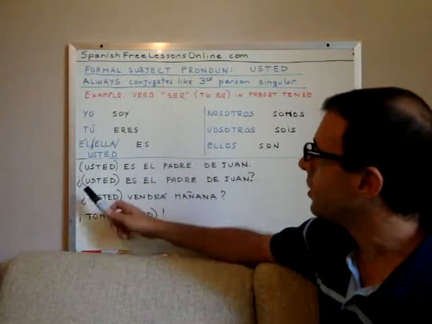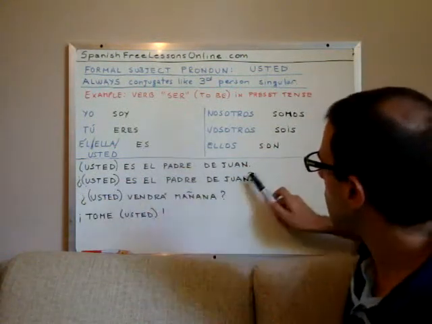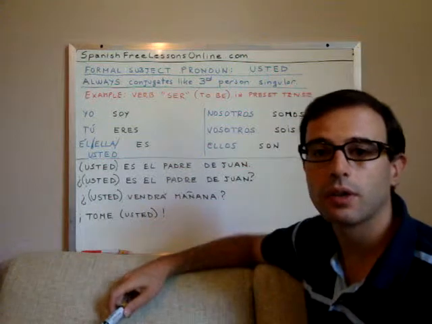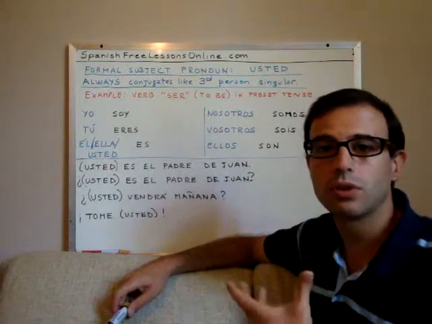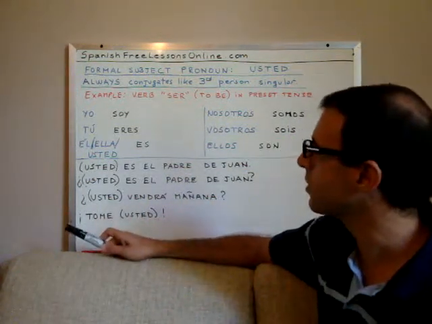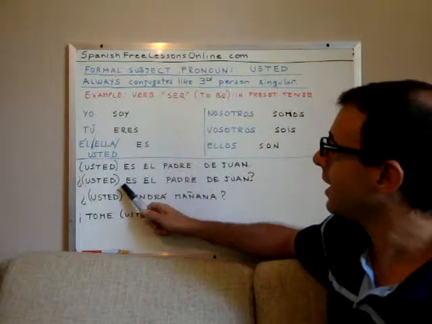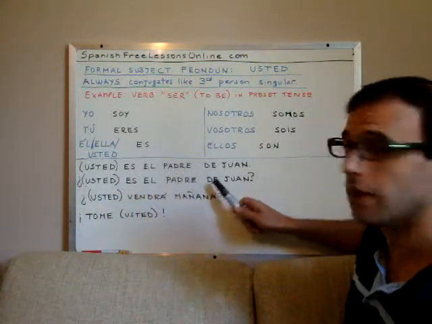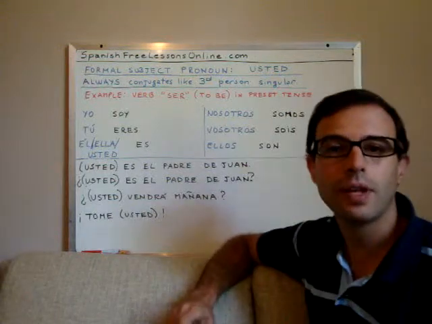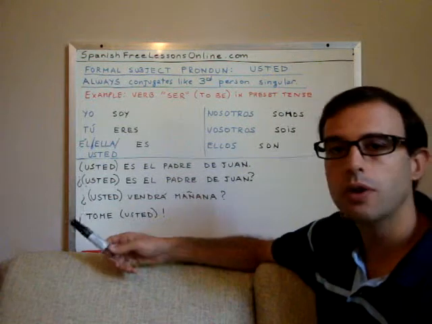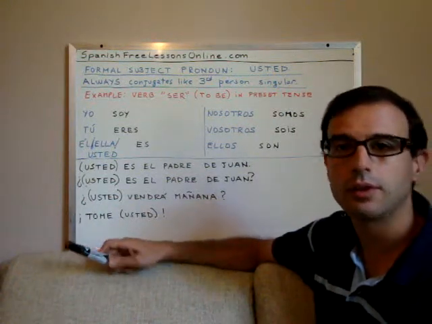So we just add the question marks, and we just change the tone of our voice, okay? We just say, ¿Usted es el padre de Juan? Are you Juan's father?